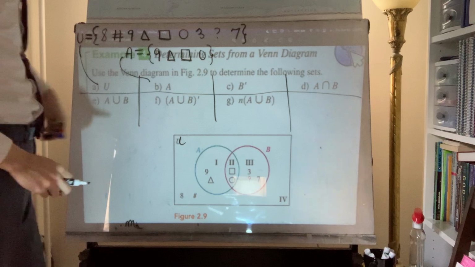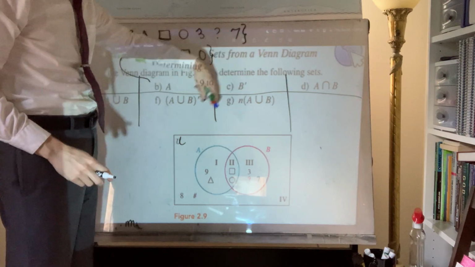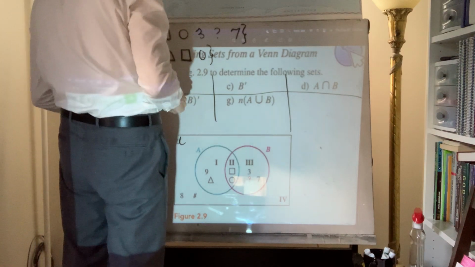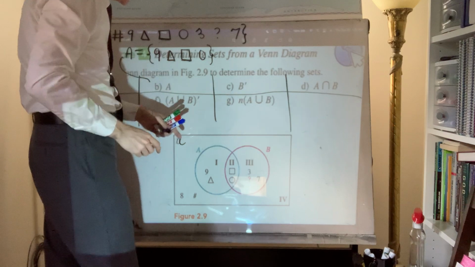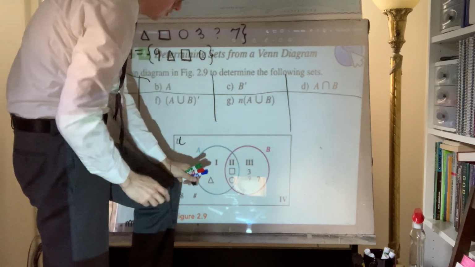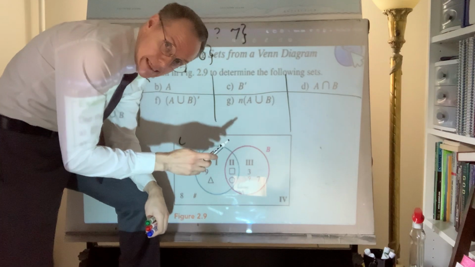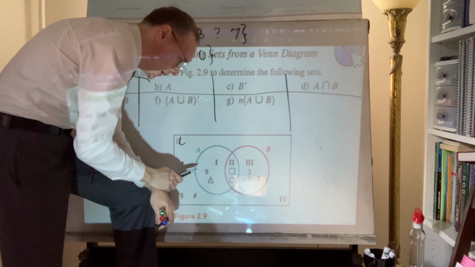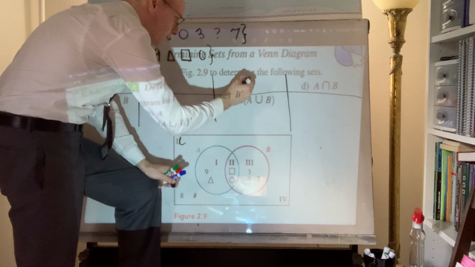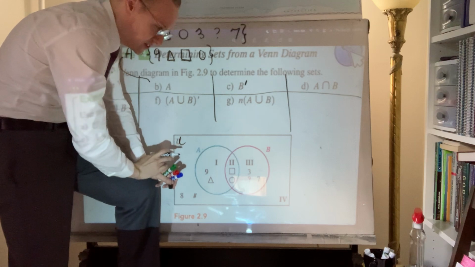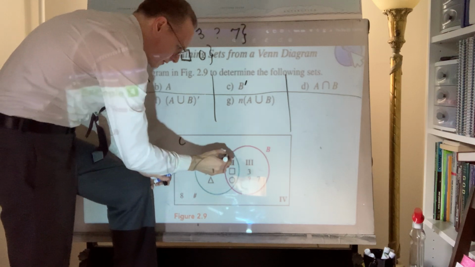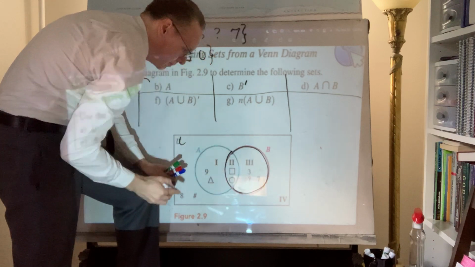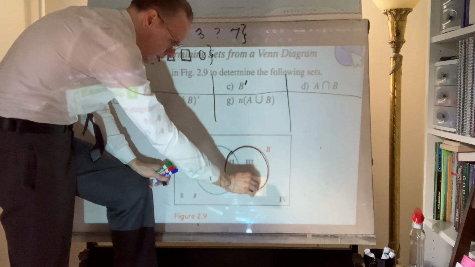Now we're going to be fancy. Look, B prime, or B apostrophe, or B tick mark, whichever you prefer. Well, trick question. If we were talking about B, then we'd go right for the red ring in this example. But since we're asking for B prime, we're asking for things that are not B. So essentially, what is not B? These things are B, even in the overlap.